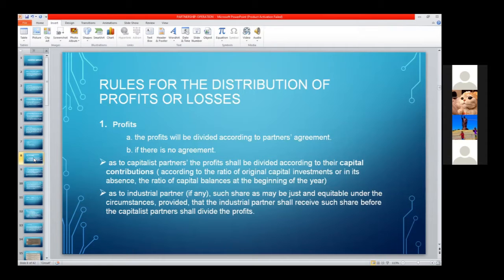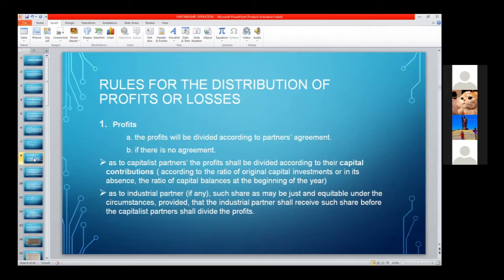Rules for the distribution of profit or losses. Tulad nga ng sabi ko kanina, hindi parating binibase sa capital contribution yung hatian sa profit or loss. There are rules. So in profit, first na masusunod is the agreement.